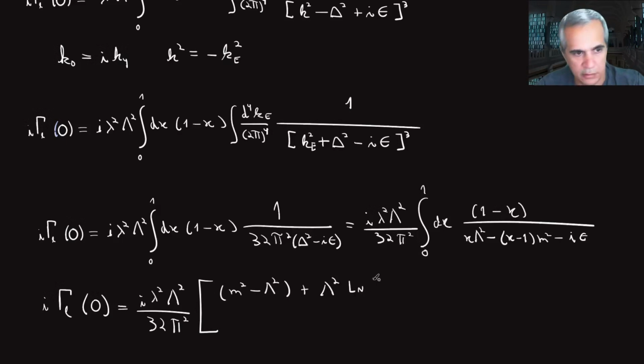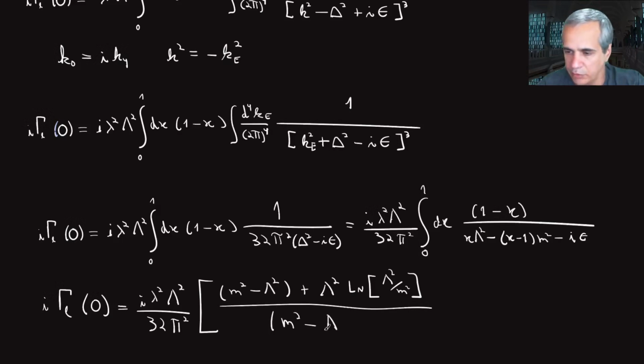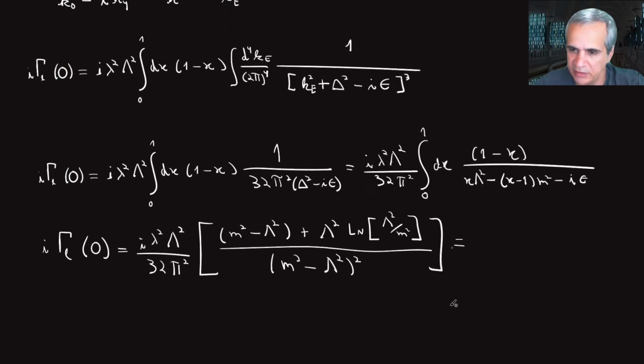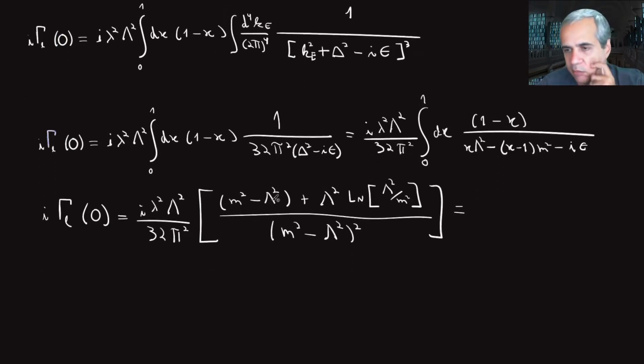The log of lambda square over m square minus lambda square, which is equal. It's useful to write this by pulling this lambda out because we know that lambda is big compared to m. So it's useful to write this in terms of m over lambda, right? To see what the limit is, right? And this looks like the following.